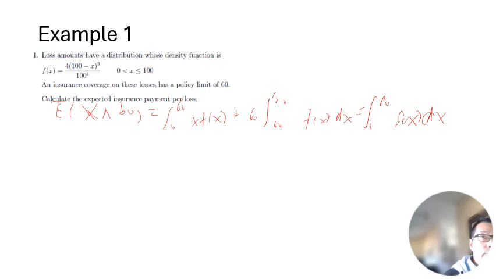In order to find S(x), we'll find F(x) first, because F(x) is 1 minus S(x). So F(x) is equal to the integral of f(t) dt, and f(t) was given, so we can put f(t) as (100 minus t).